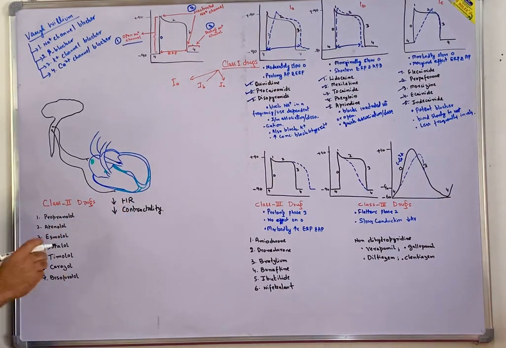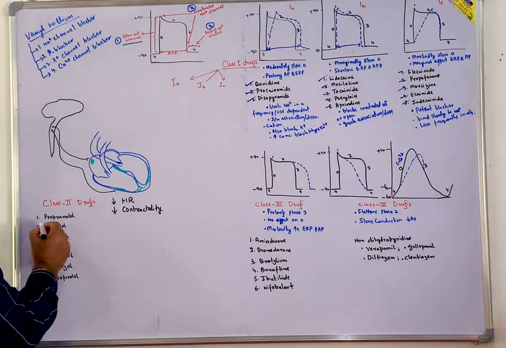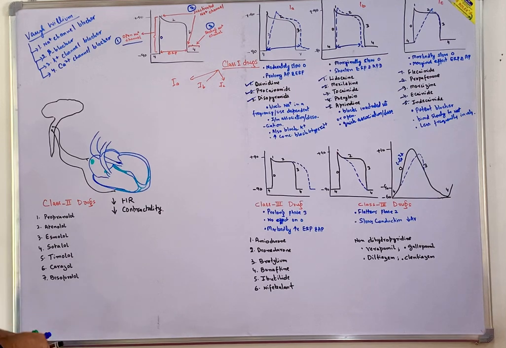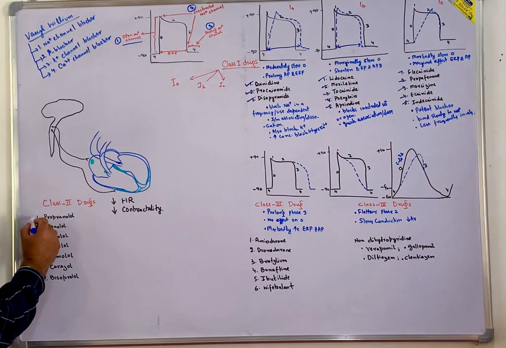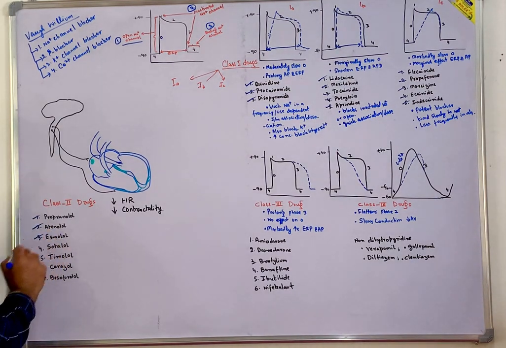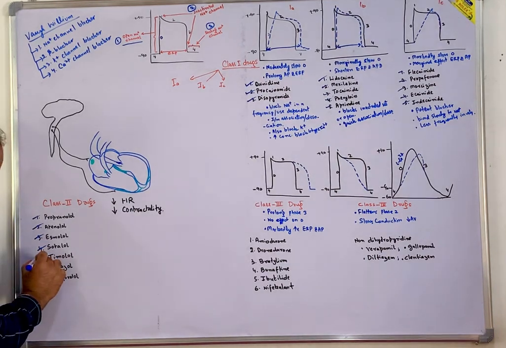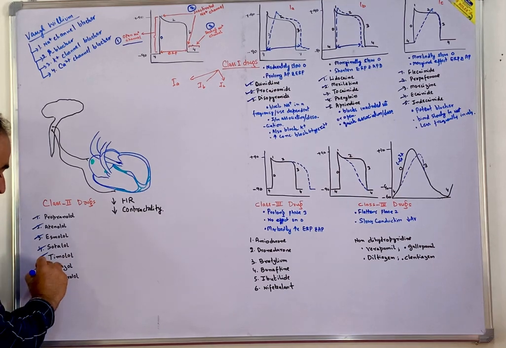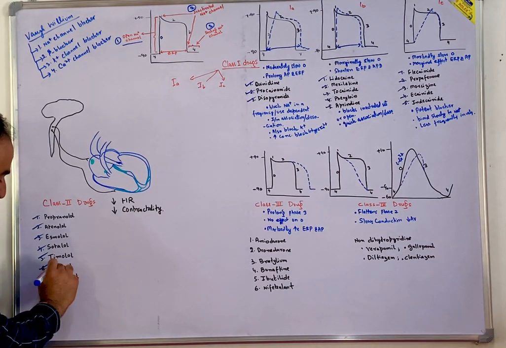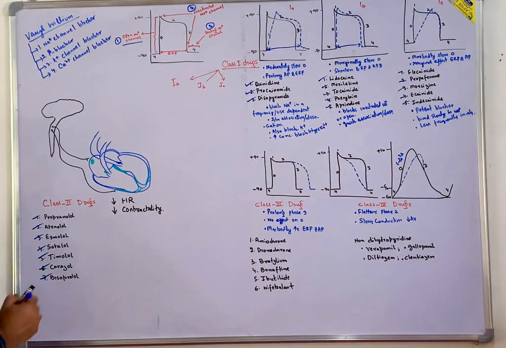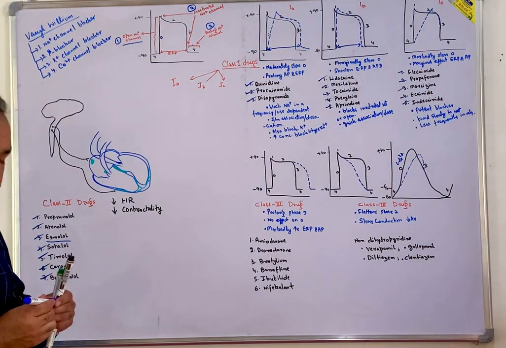The examples are propranolol, atenolol, esmolol, sotalol, timolol, carvedilol, and bisoprolol. You know, esmolol has a very short half-life.